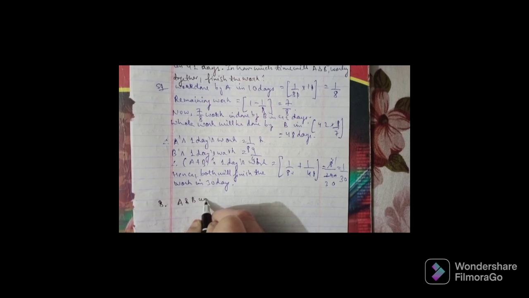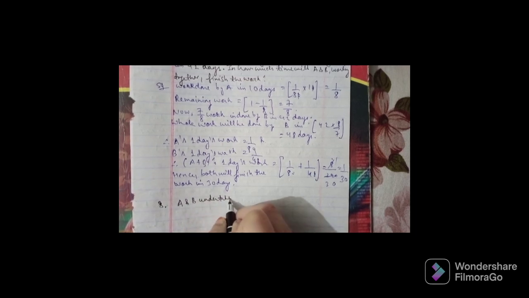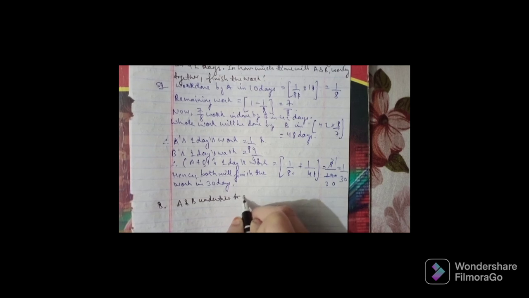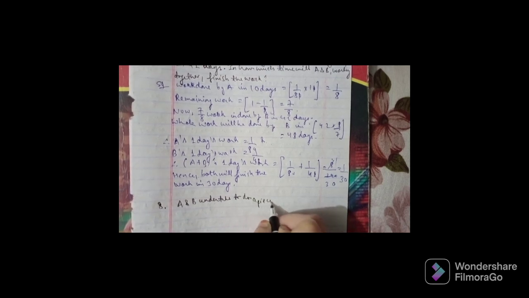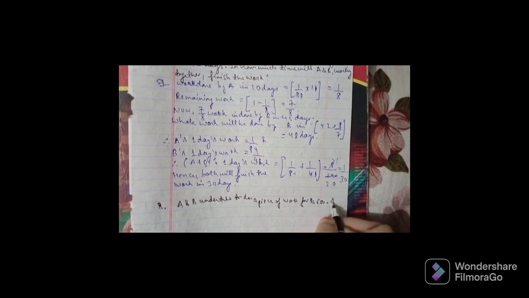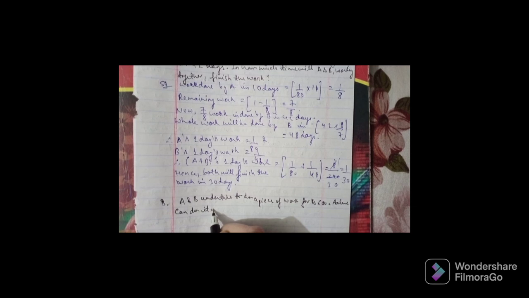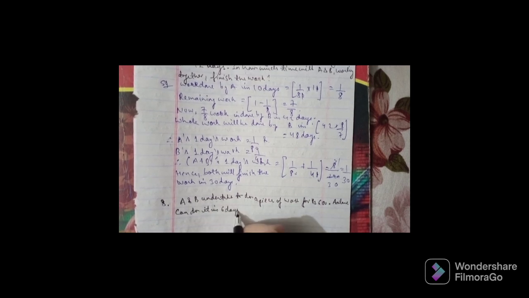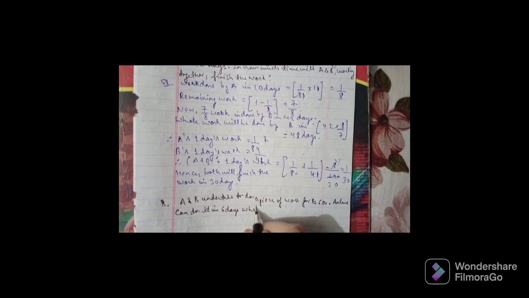A and B undertake to do a piece of work for rupees 600. A alone can do it in 6 days, while B alone can do it in 8 days.